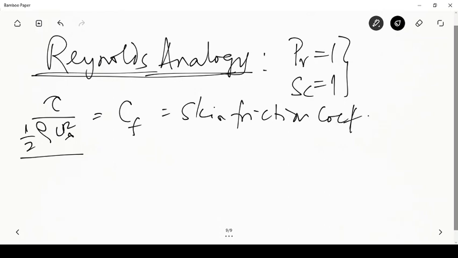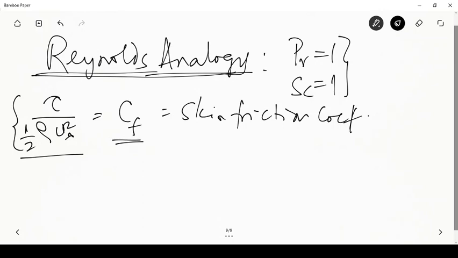Okay, so the momentum flux is tau, and the non-dimensional momentum flux is tau divided by half rho u infinity squared, quantified by a quantity called the skin friction coefficient.